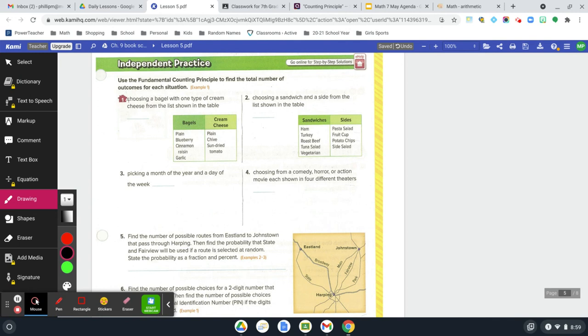So you're going to try number 1, number 2, number 3, and number 4. So let's stick with those 4 right there. See with using counting principle if you can get those figured out, and then pause the video to do that, and then come back when you're ready and we'll talk about the answers.